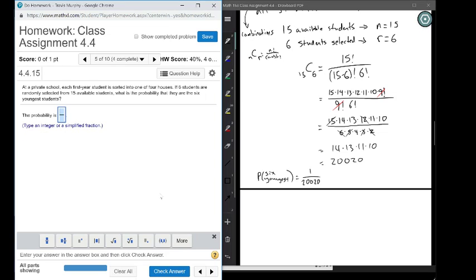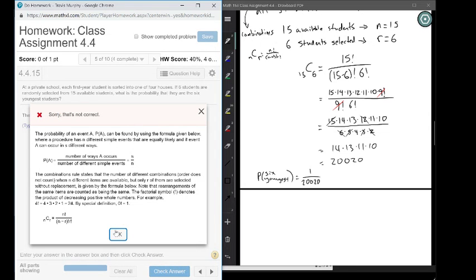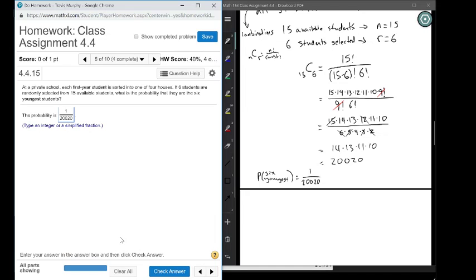Oops. Let's see. Oh, I missed this 4 here. So this 4 doesn't really divide.